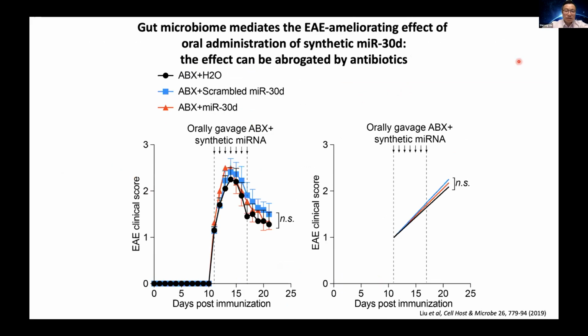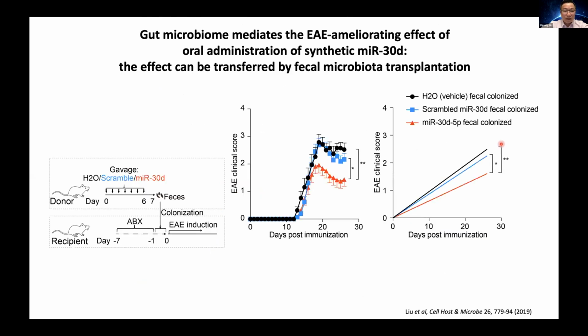And when we treat the mice with antibiotics, while we treat them with miR30, we found that this phenotype disappeared. That means the miR30 is working through regulating the microbiome. This is also evidenced by the fecal transplantation.